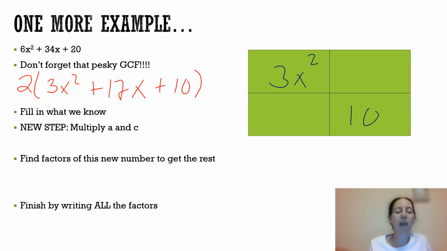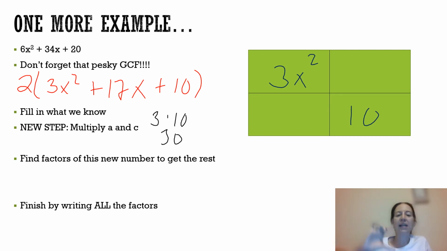So the new step that we're adding is we do need to multiply the 3 and the 10 together, because if you just use the 10, you've got 1 times 10 and 2 times 5, and you cannot get a 17 from that, okay? You can't get a 17 from either of those pairs. So we need a different number to try to work with. And the number we're going to work with is 3 times 10, which is 30.